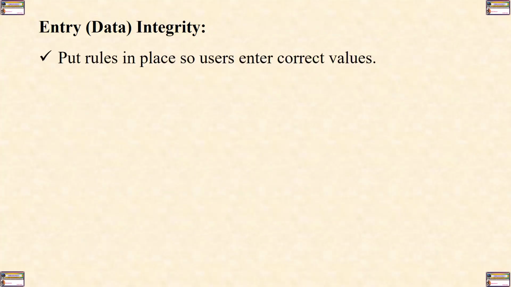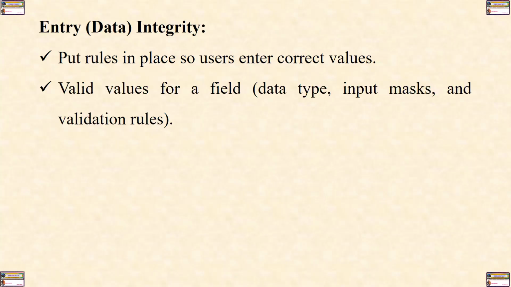When you are creating or designing a database, you need to think about what we call the entry or data integrity. Here, you put rules in place so that users can enter correct values and deter any entry of the wrong data in the fields.